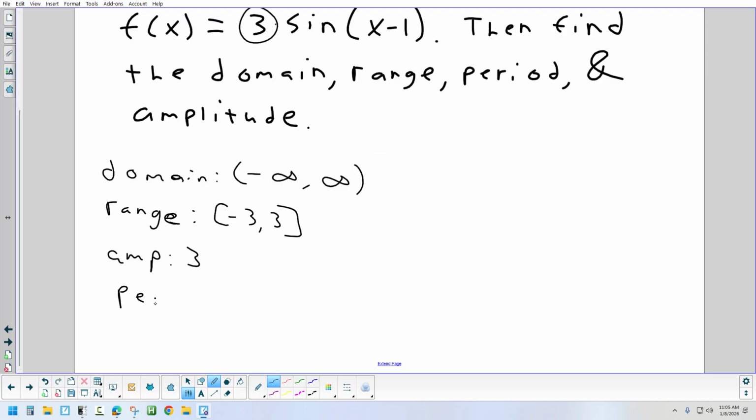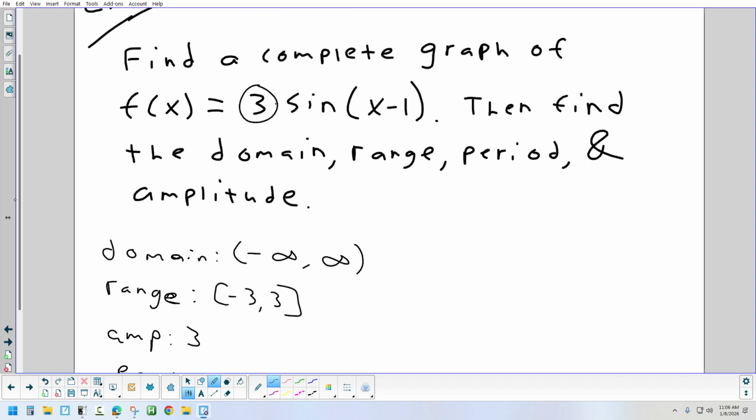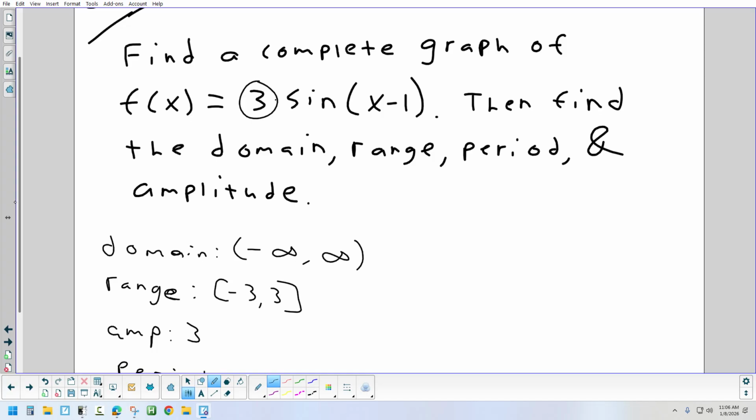And period. What's the period of this? Yeah. Is it 2 pi over -1? I like the 2 pi, but no, it's not over -1.